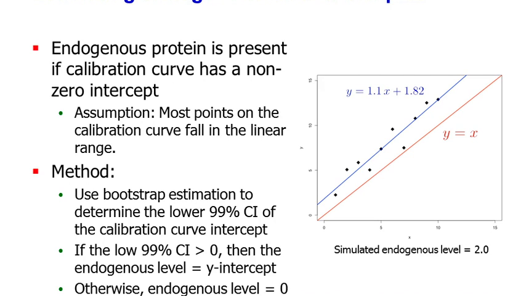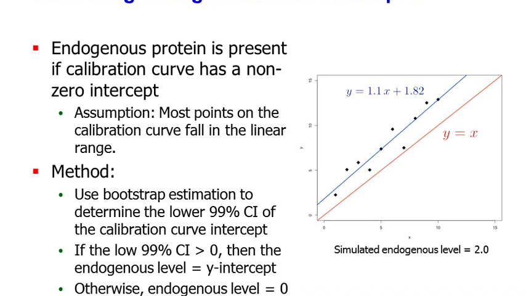So this is a kind of back of the envelope calculation for doing endogenous levels. We fit the regression line, and statistically determine whether the intercept is 0 or not using a bootstrap sample estimation. And if we can say that the intercept is non-zero, then there is an endogenous level, and the actual value of the intercept gives you the level.